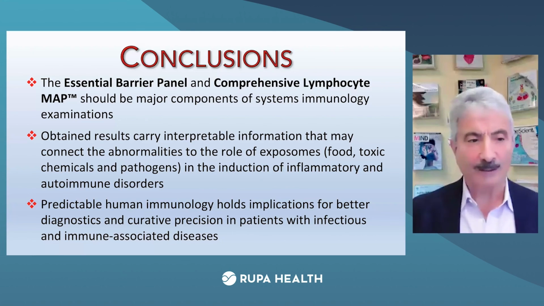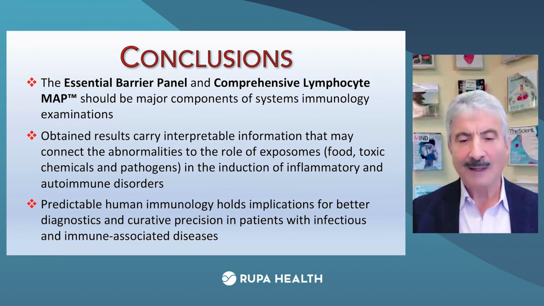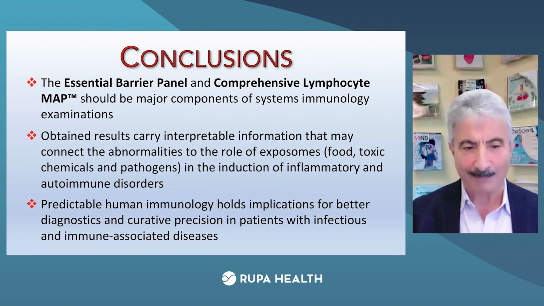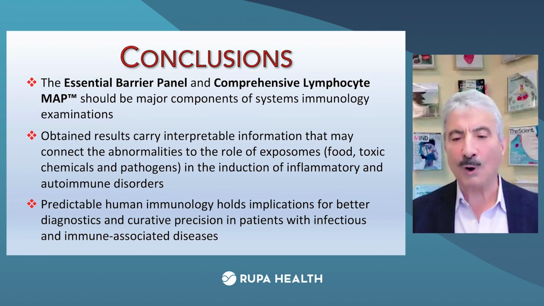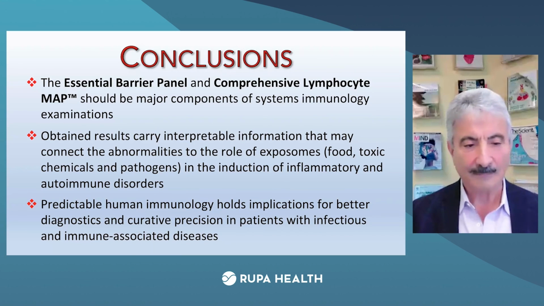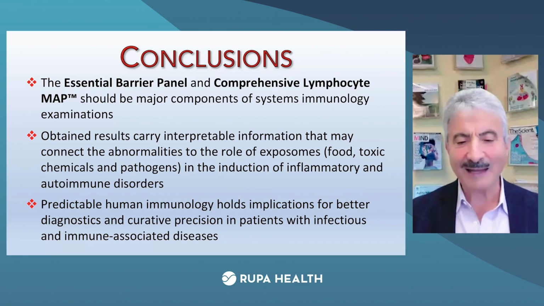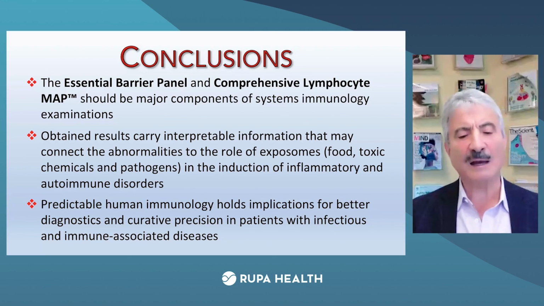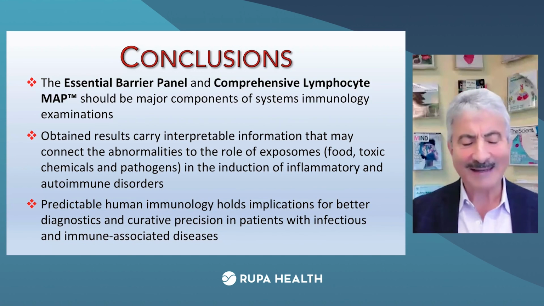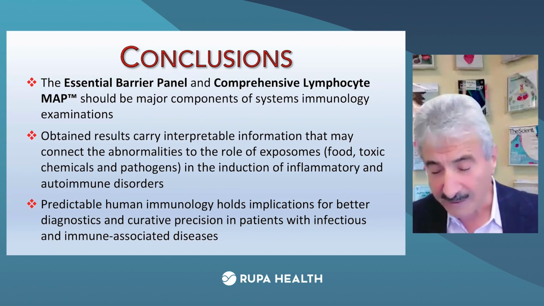And in conclusion, the essential barrier panel and comprehensive lymphocyte map should be major components of systems immunology examinations. Obtained results carry interpretable information that may connect abnormalities to the role of exposome, such as food, toxic chemicals, and pathogens in induction of inflammatory and autoimmune disorders.